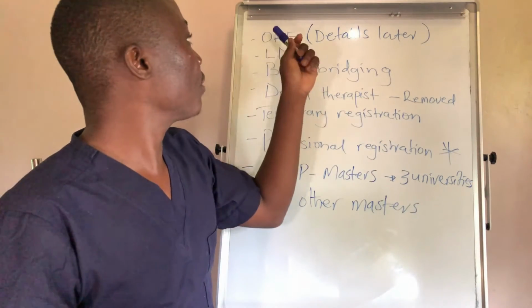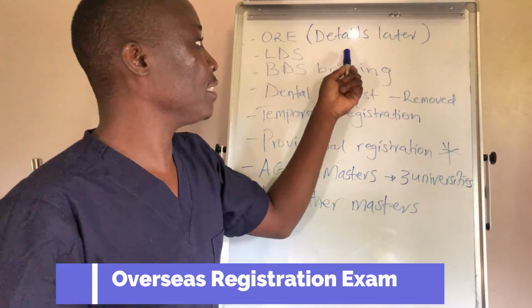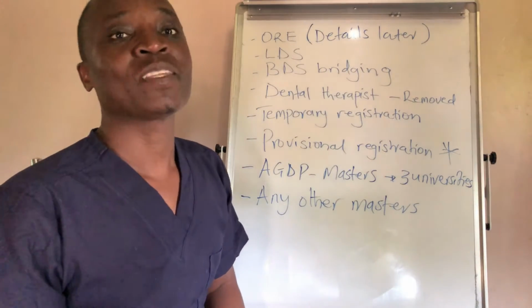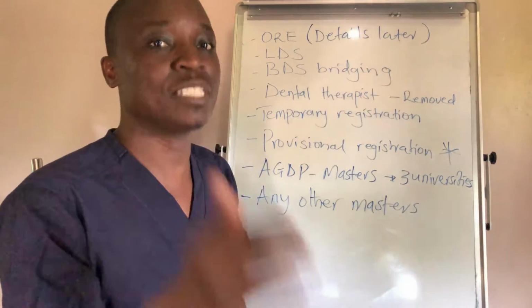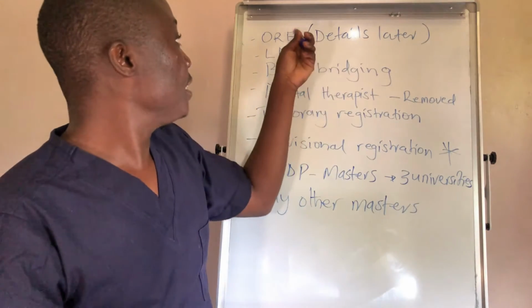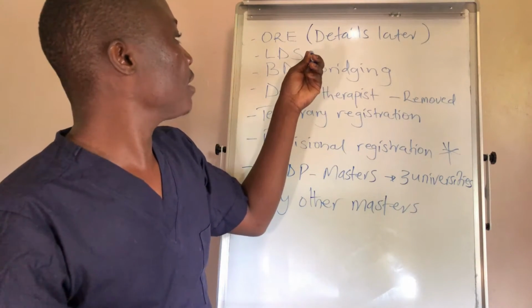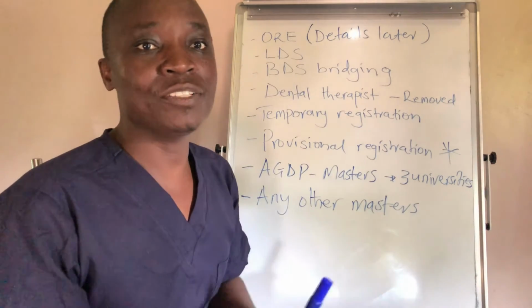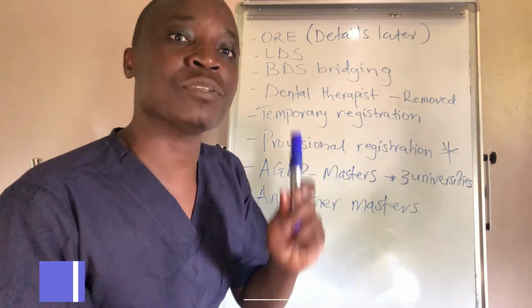So ORE is Overseas Registration Exam. This is the most popular because it has a higher number of seats per exam. And this exam is almost similar to LDS. LDS is Licensed in Dental Surgery.